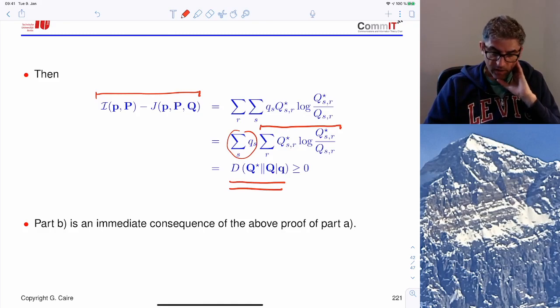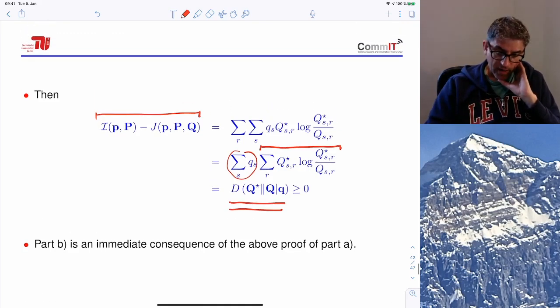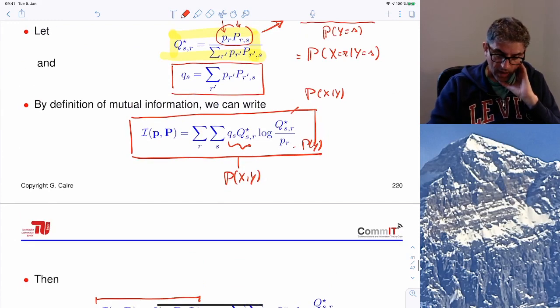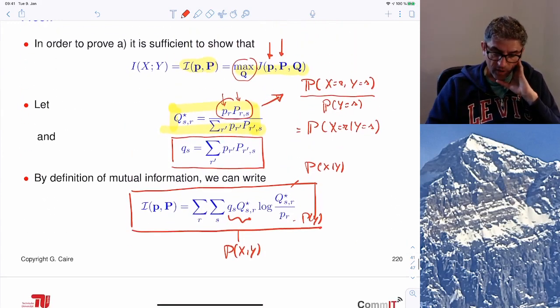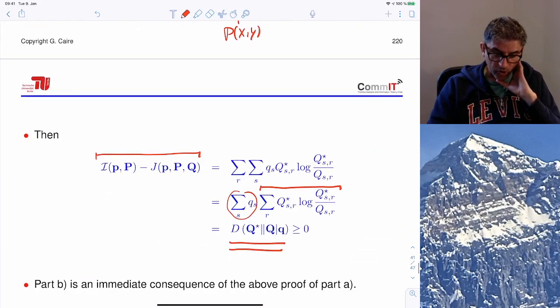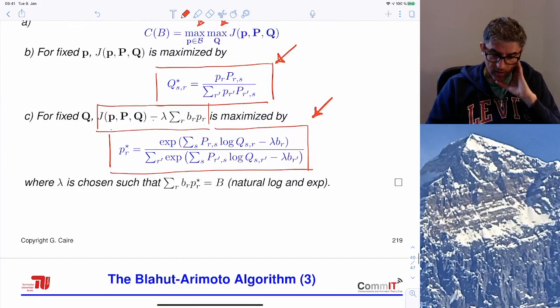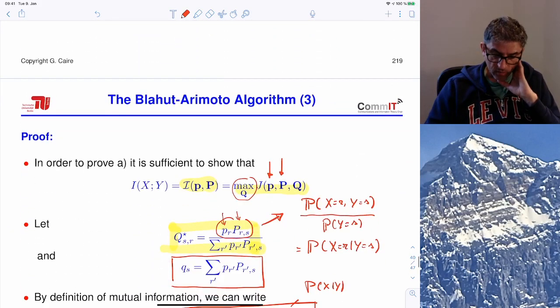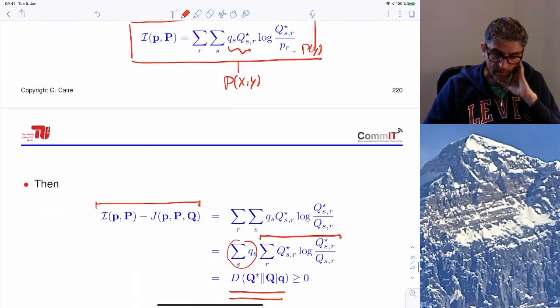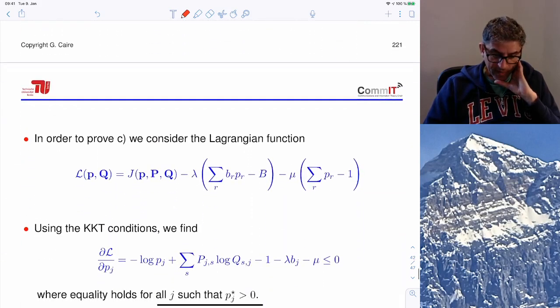So this shows that the choice of Q star makes the J function equal to the mutual information, and any other choice of Q will give you something that is smaller. So this proves that the max with respect to Q of J is the mutual information, which is what we wanted to prove.